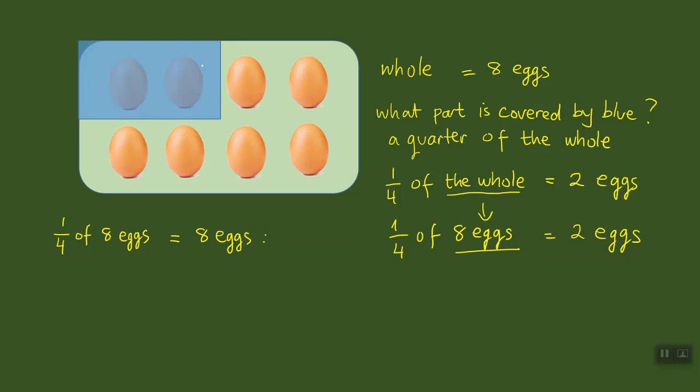If one group contains the same as the part covered by the blue layer, you can see there is another group here and another two groups down there. So it is the same as 8x divided by 4. The part covered by the blue layer is a quarter of 8x, which is the same as 8x divided by 4, which equals 2x.